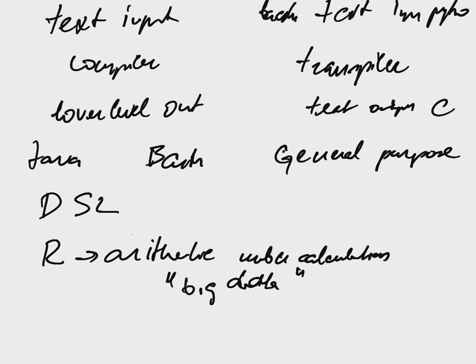For example, you have gigabytes of poorly structured data like tweets for Twitter, or different data for Amazon, Facebook or Google. Then you can use R as a domain-specific language to deal with these large numbers more efficiently than, for example, general-purpose languages like C, Java, or Python.